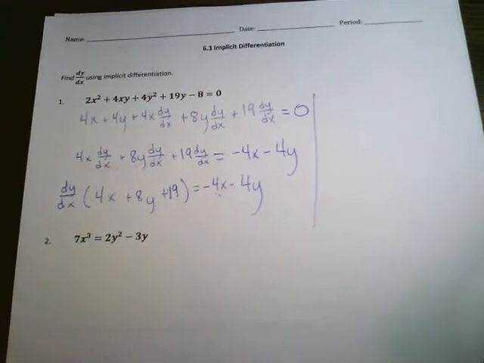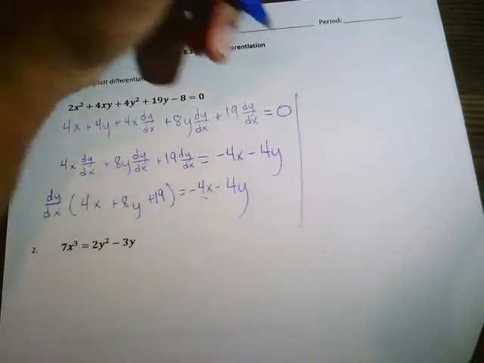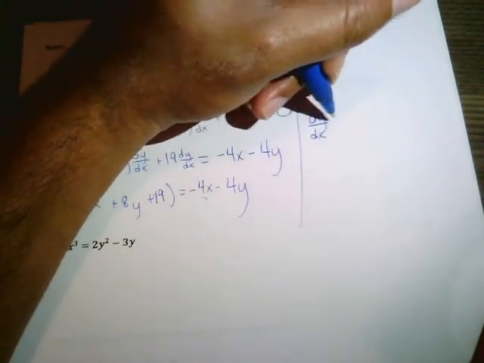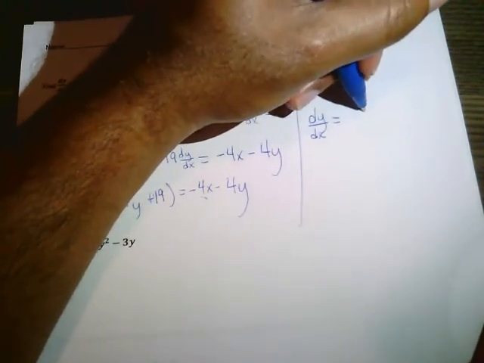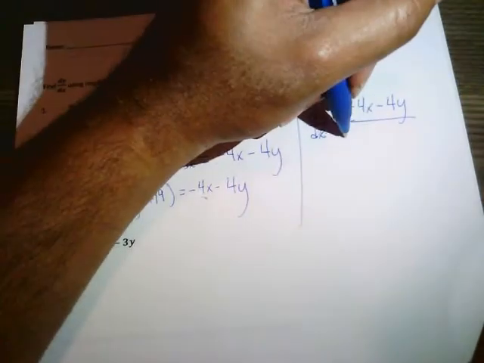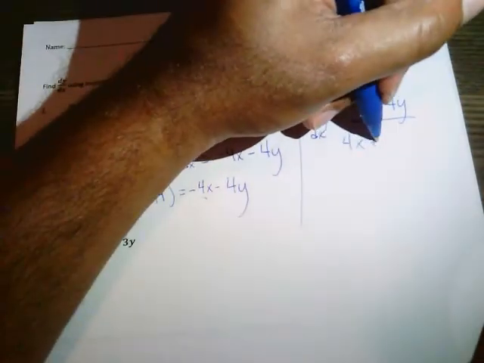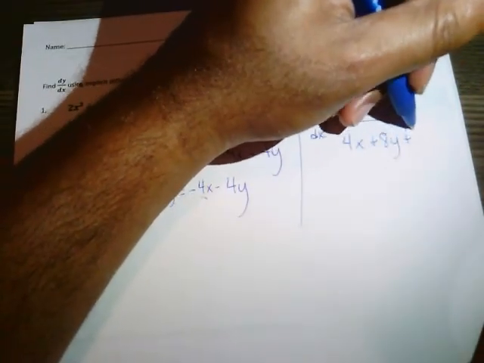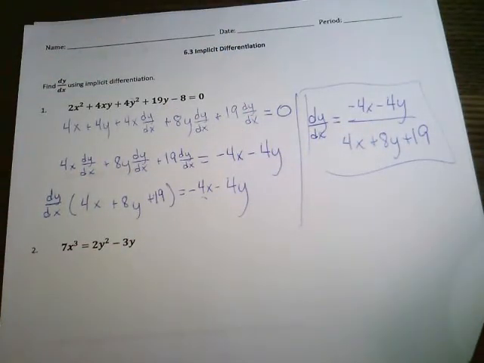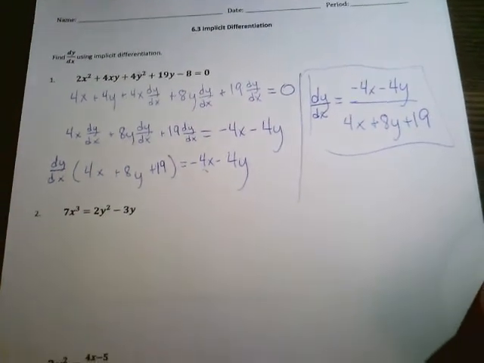So now it'll be dy dx equals negative 4x minus 4y all over 4x plus 8y plus 19. And that is dy dx. Moving on to number 2.